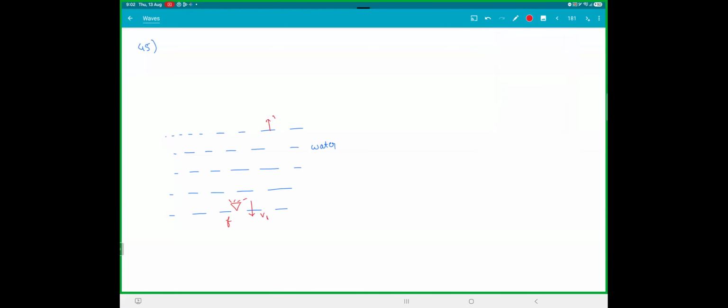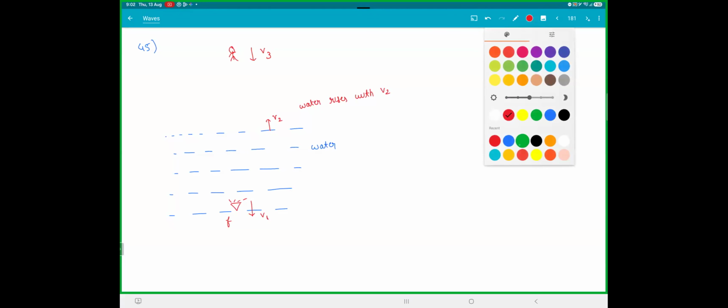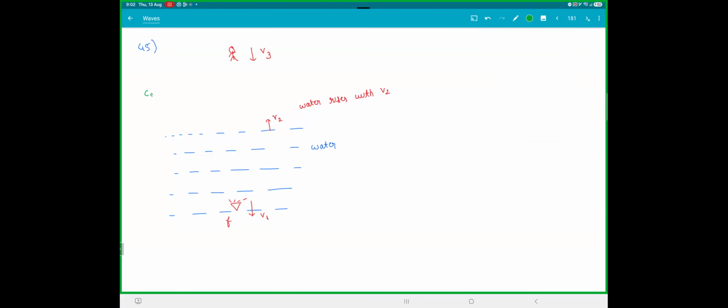The water level is going up with V2. And we have an observer here, and this guy is also coming down with V3. The speed of sound in air is C. The speed of sound in water is 4C.